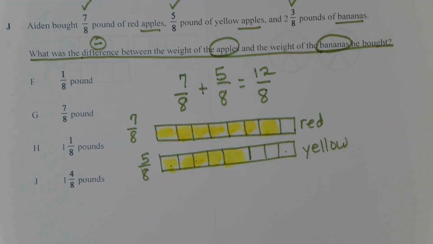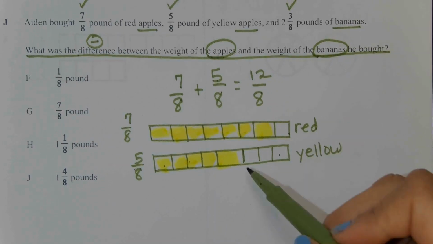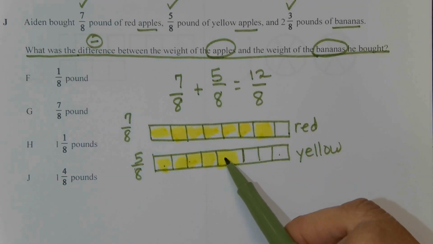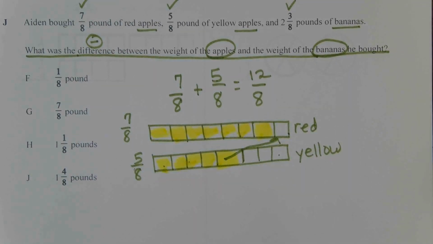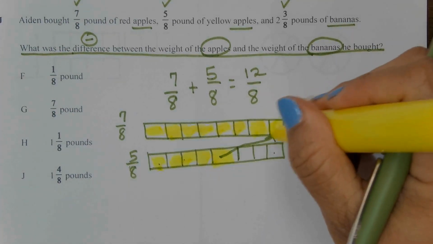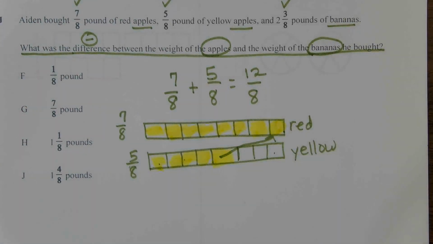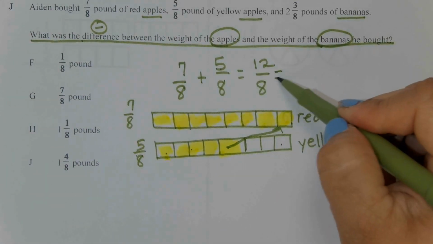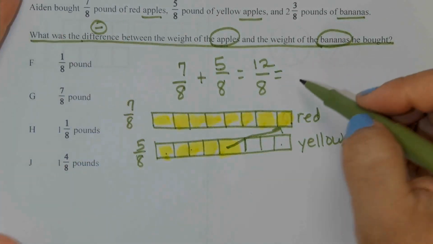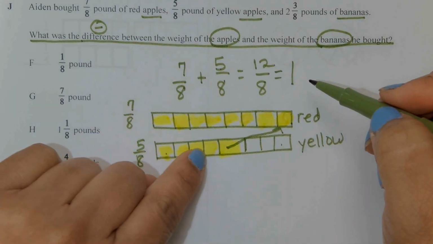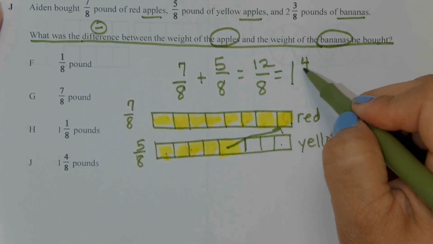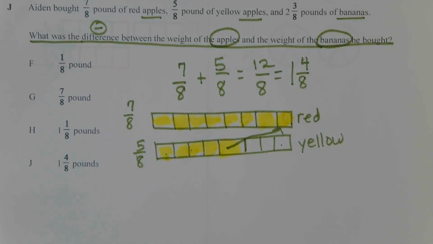Okay, so we know that 7 plus 5 equals 12. So I can move this one over here and make one whole. So when I add these, this can also equal one whole and 1, 2, 3, 4, 4 out of 8, 1 4/8. So now I am going to subtract 2 3/8 because they want to know the difference between the apples and the bananas.